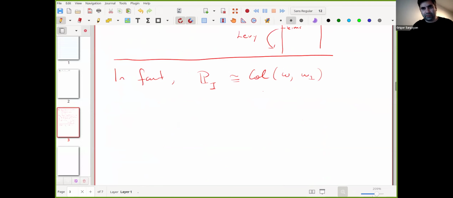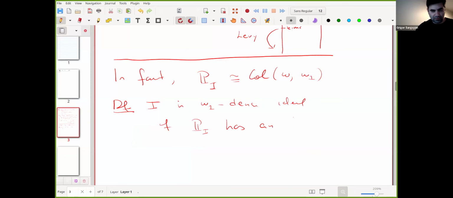Okay, that's how you want to think of dense ideals. The official definition is the following: I is an omega-1 dense ideal if P_I has a dense subset of size omega-1. With CH this is equivalent to exactly the thing that I wrote.